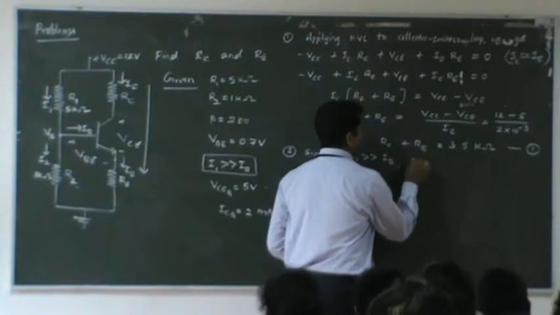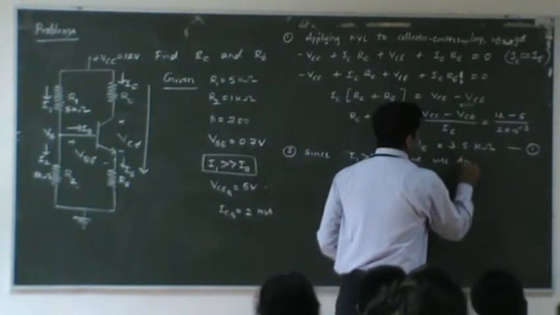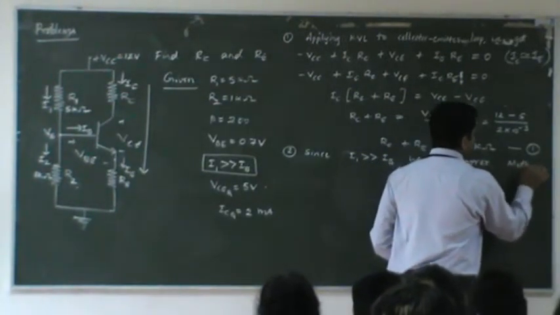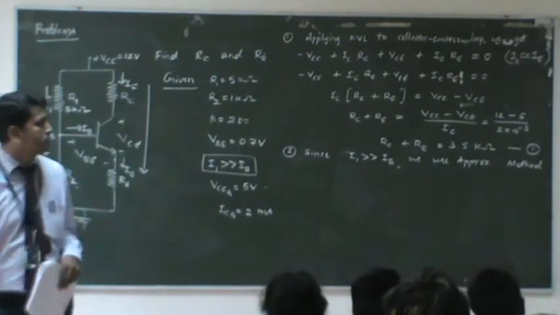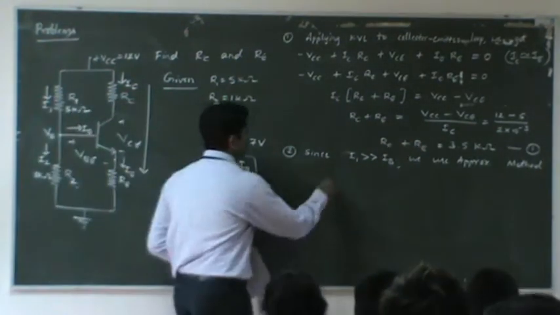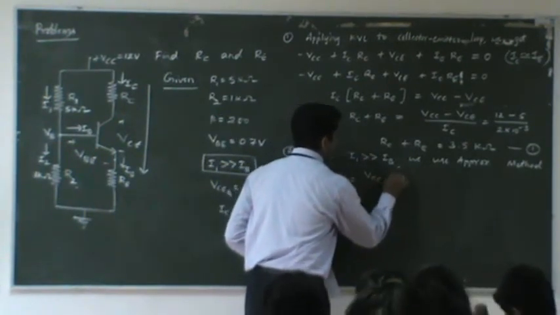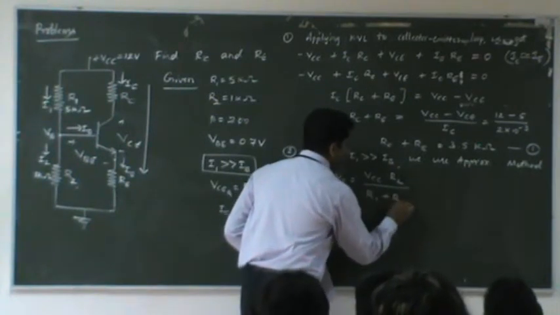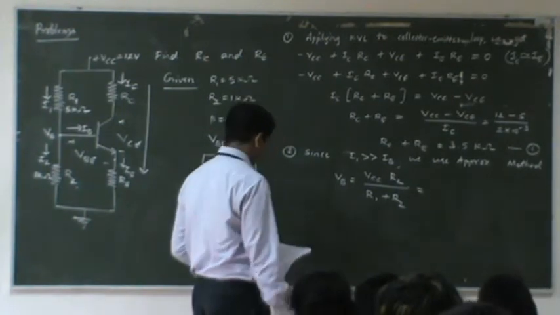That means we use the approximate method of analysis. From that, you know the expression for VB is given by VCC times R2 divided by R1 plus R2. Substitute everything and calculate the value of VB.